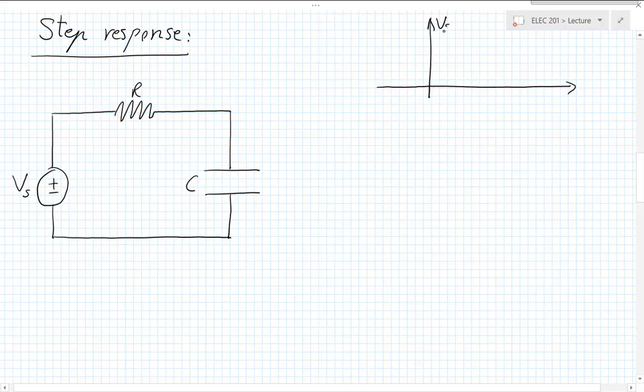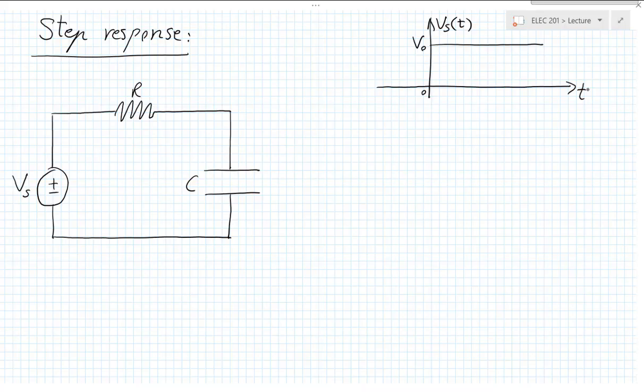And the source is described by a step function that jumps from 0 to V naught at t equals 0. I think we have done this exact problem before, or very similar to it, so I don't want to repeat the solution. You write a simple KVL, and you will get a differential equation and the answer.